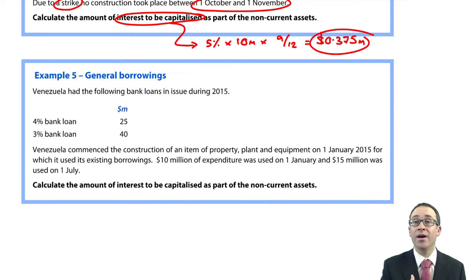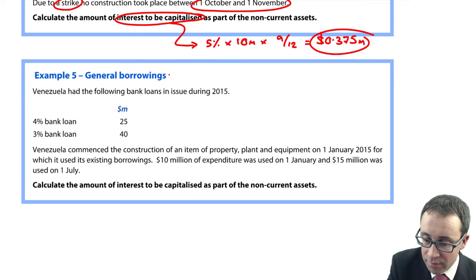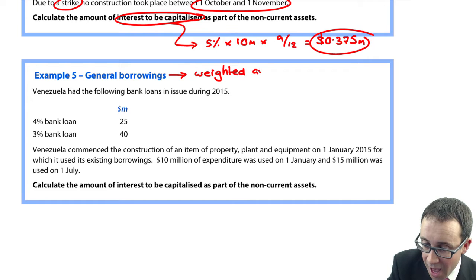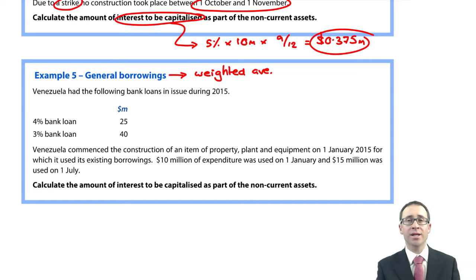The issue is what rate of interest do you apply to the borrowings you have taken out. If you have general borrowings, then you just look at a weighted average rate of interest, weighted based upon the value of the loan.